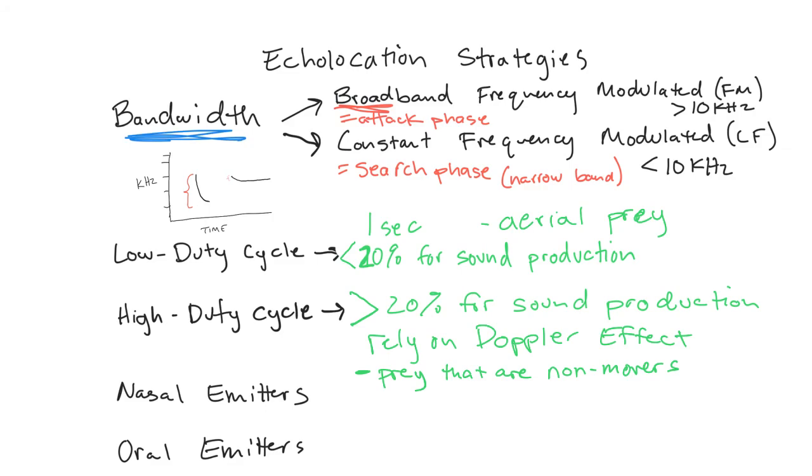Okay, so these guys are grouped together. Those guys are grouped together. Our last one, nasal and oral emitters. So nasal emitters emit the echolocation sounds from their nostrils.